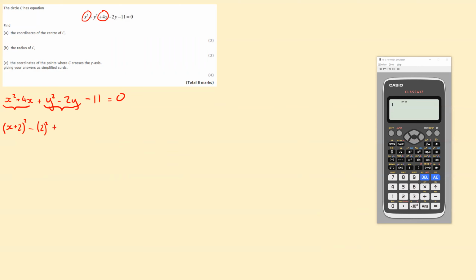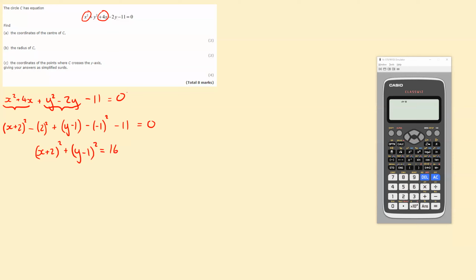From this, you now do it for the y's, so y minus 1, take away, and then in brackets, I'm going to put minus 1 squared. Now, minus 1 squared will be negative, so overall, this will be a minus 1. So we're going to have a minus 4 and a minus 1, and then a minus 11. So 4, 1, and 11 is 16. So I'm going to move that all over to this side. So I get x plus 2 all squared plus y minus 1 all squared is equal to 16.